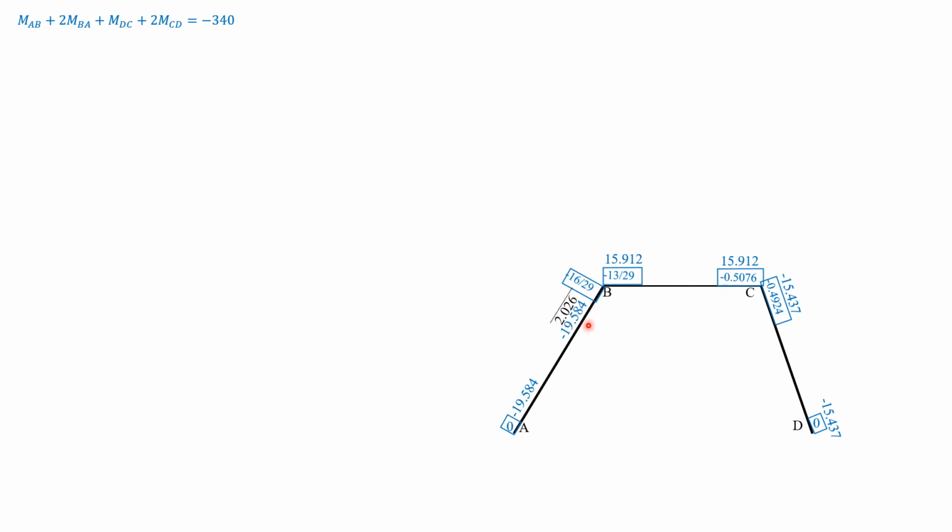Again, quantity negative 19.584 plus 15.912 times negative 13 over 29, that's 1.646 lakh partially. Then here, quantity 15.912 minus 15.437 times negative 0.5076, that's negative 0.241 lakh partially. Then same value times negative 0.4924, negative 0.234 lakh partially.